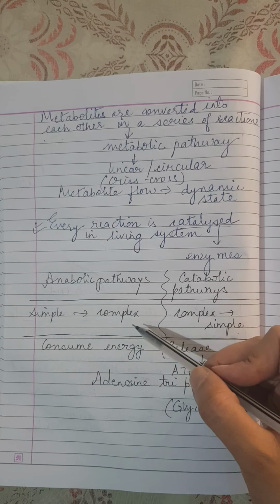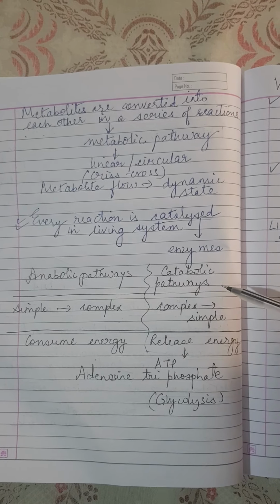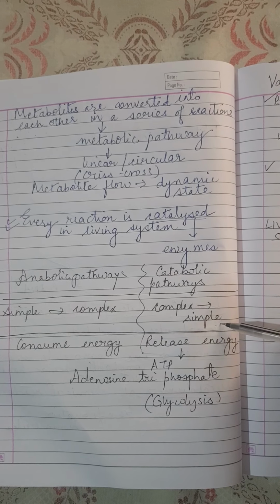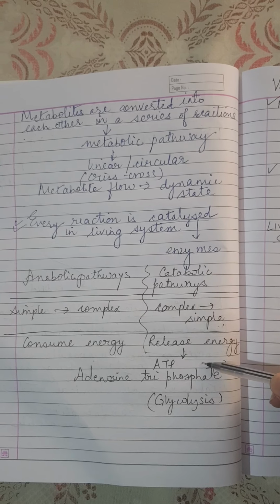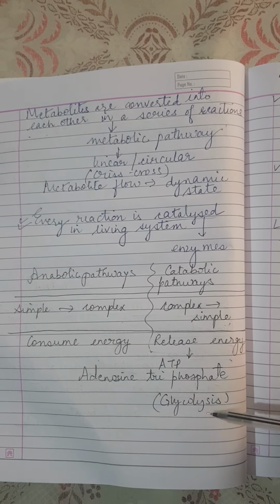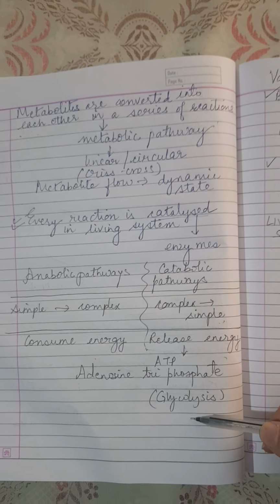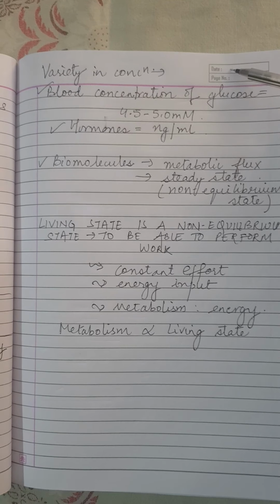In anabolic, because complex molecules have to be formed, it will consume energy. Whereas in catabolic pathways, as simple molecules are formed, they will release energy, which is generally in the form of ATP, that is adenosine triphosphate. Very common example, glycolysis. Now the concentrations of biomolecules vary.